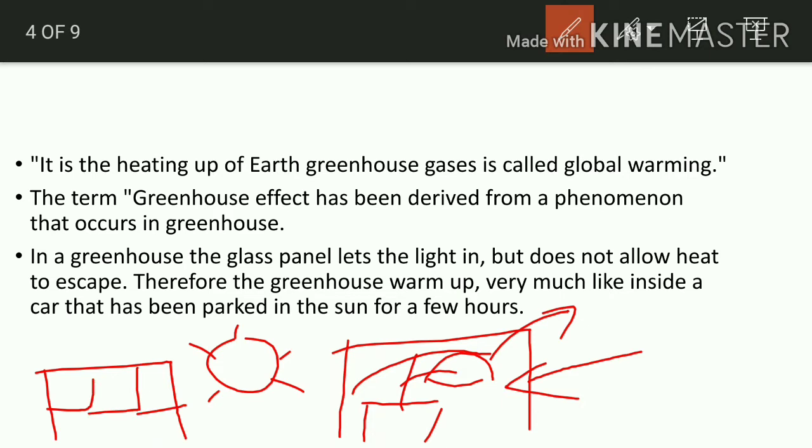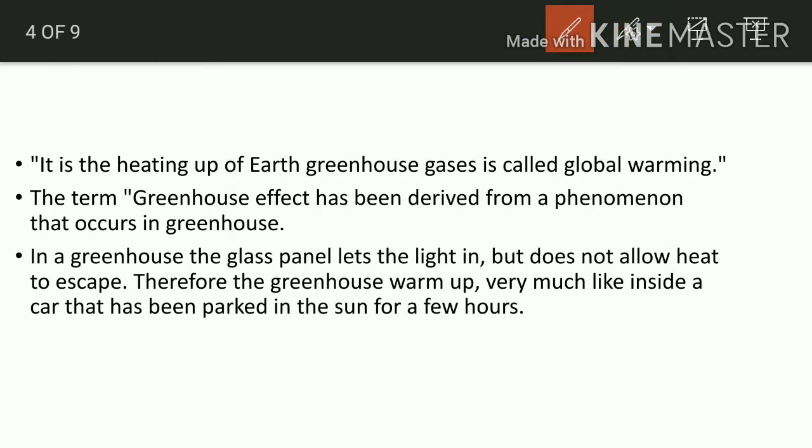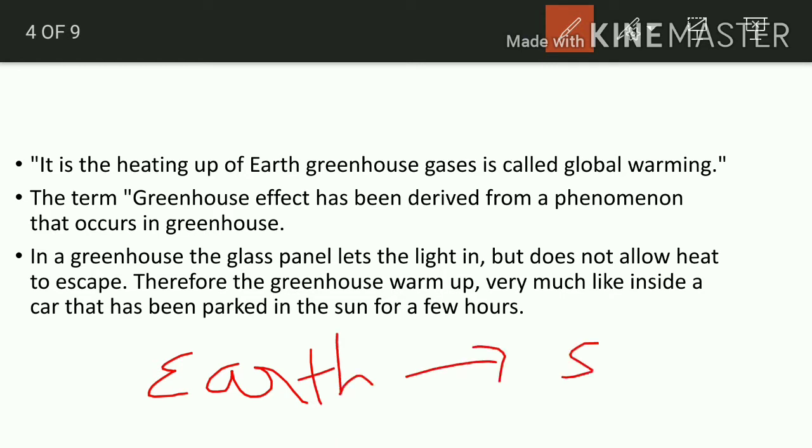Once you go and open the window, you feel it is very hot inside. That means it doesn't allow the heat to escape. Okay, these are the things related to this. Now let us discuss in detail what happens between the earth and the sun. How do things take place between these two?